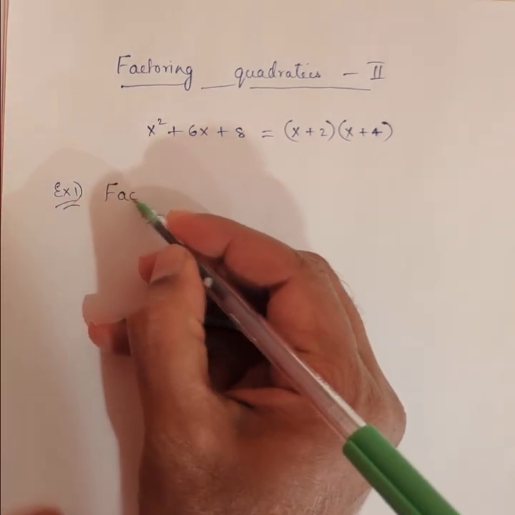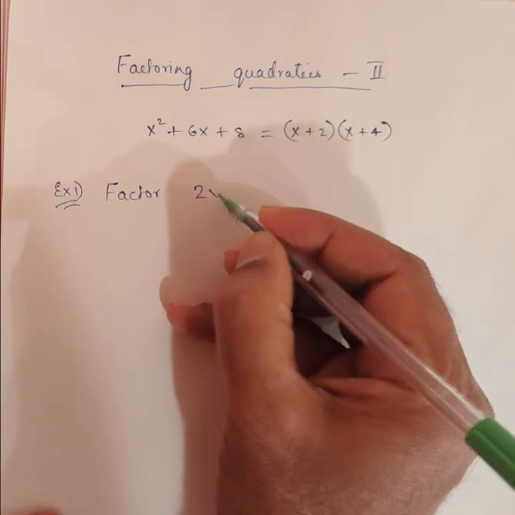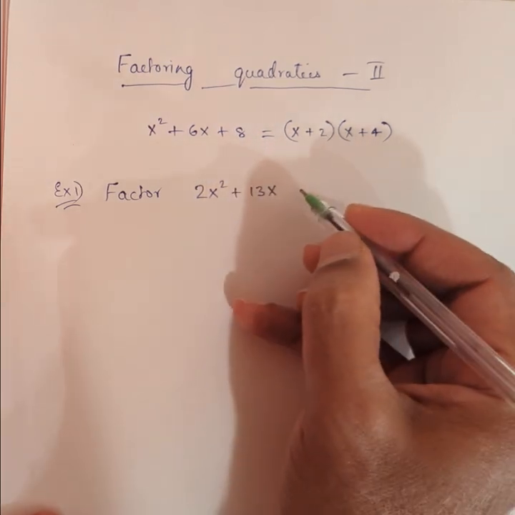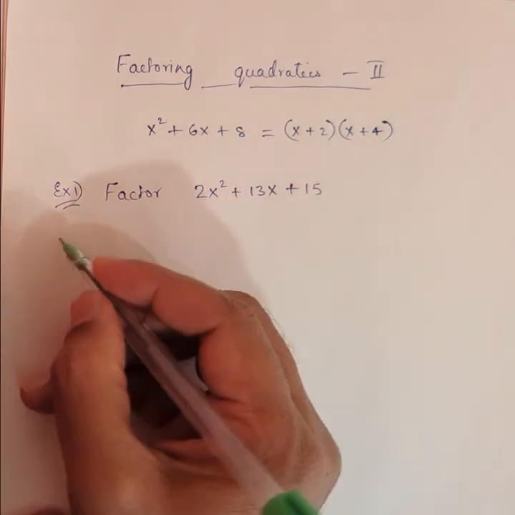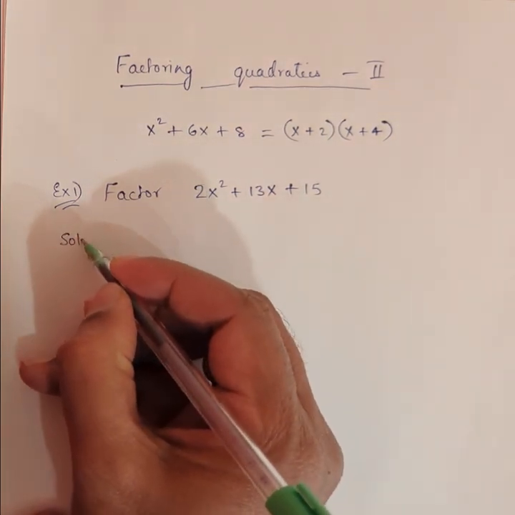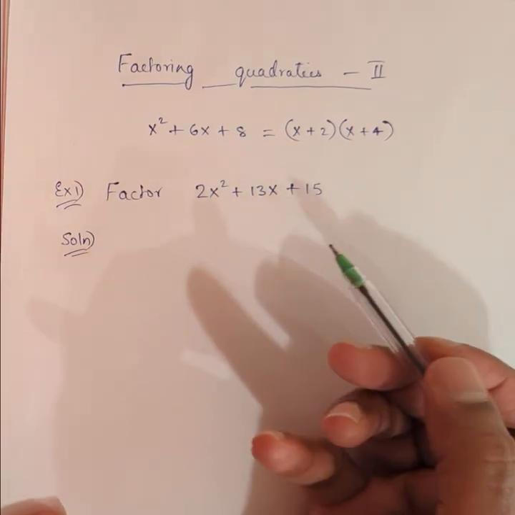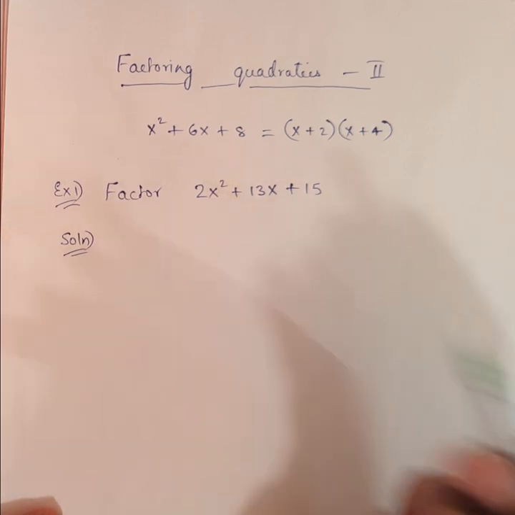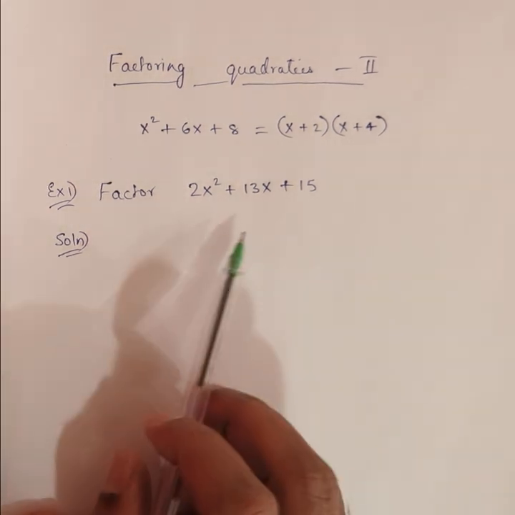So let me start with an example. Say I'm asked to factor this quadratic, 2x squared plus 13x plus 15. Now, there are many different approaches for factoring something like that, and some might be faster, but they would require some kind of guessing or some kind of trick, and it might be confusing.